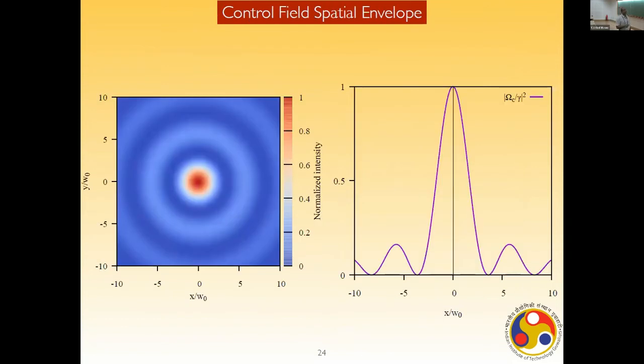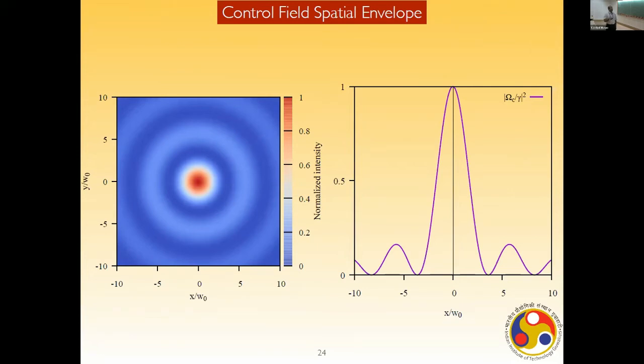So now, you can manage the rotation, but how do you manage the diffraction? That is the next question. So what we did was apply the control field with a special profile, and the special profile is a Bessel beam. The Bessel beam is a non-diffracting beam within the medium up to 50 Rayleigh lengths.